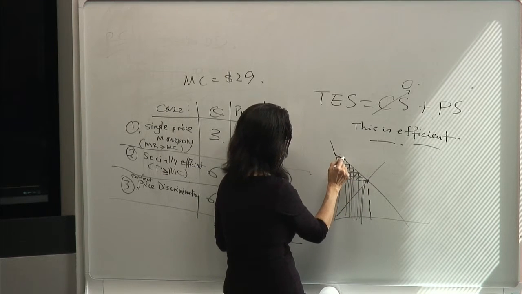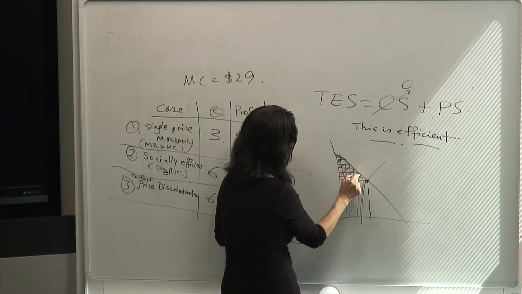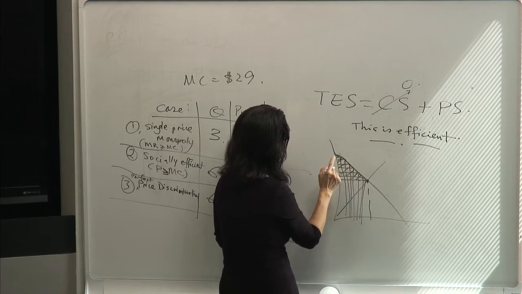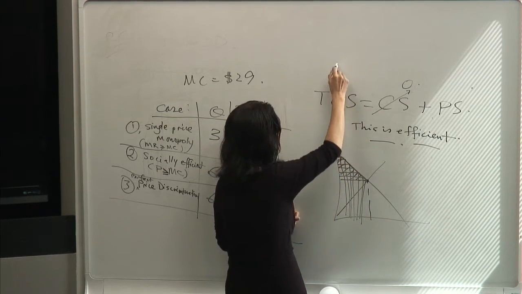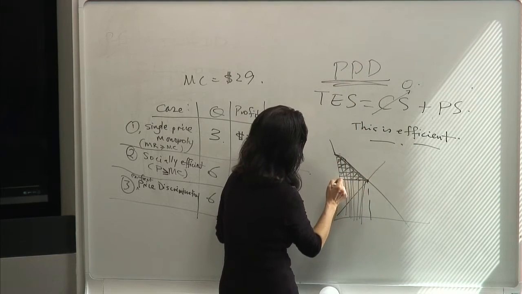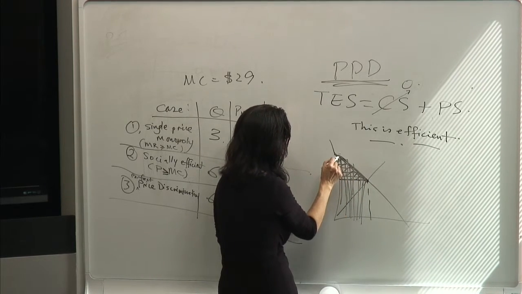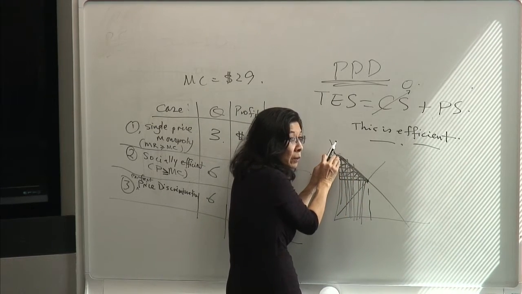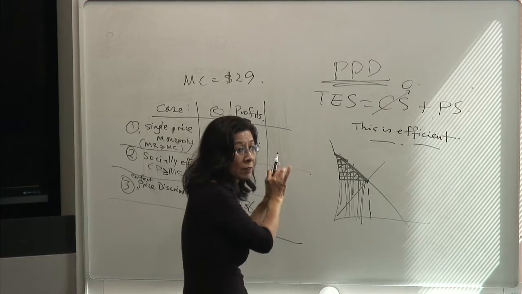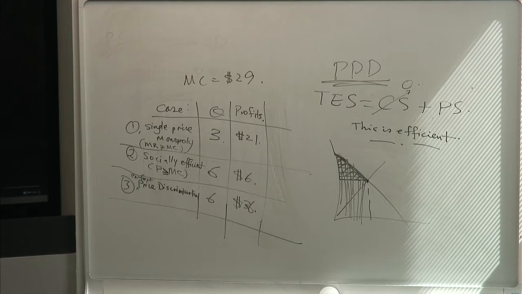Like this is $11, $10, so on. You become less and less willing. So now, in the case of perfect price discrimination, you're able to turn this whole triangle into your producer surplus because you're able to extract it all the way to the fine detail, every single piece of it, until there is no consumer surplus.